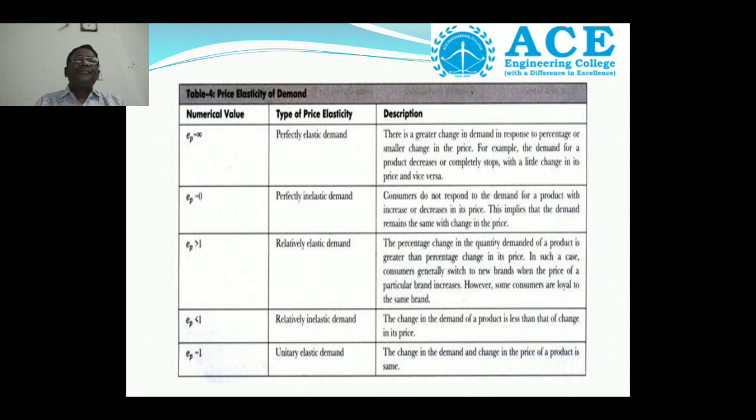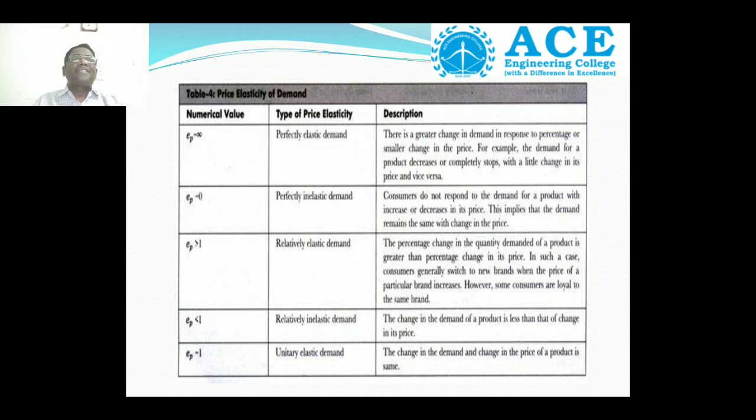Next, relatively elastic demand. The numerical value is greater than 1 and the curve shape is steep. Then what is the meaning of relatively elastic demand?